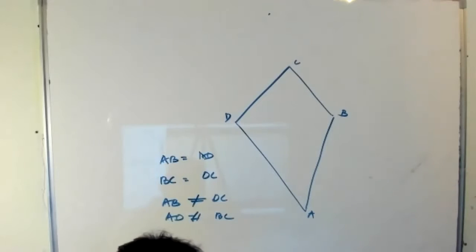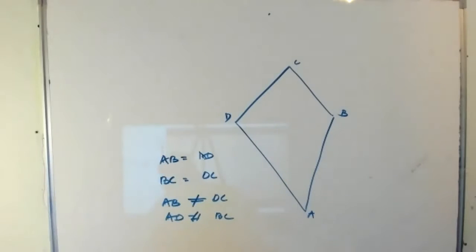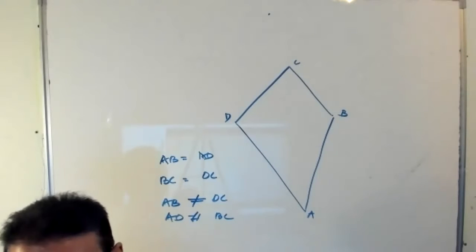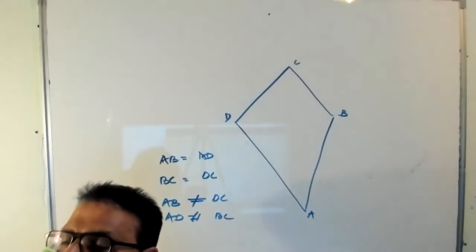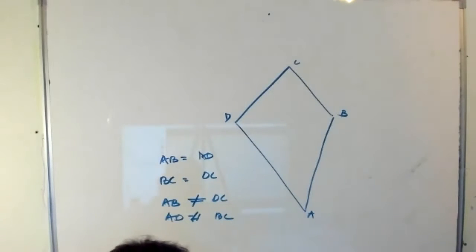Okay, finished all? Read up to there, then write a conclusion. Not finished? I'll wait. So we're going very slowly today because these are the basic ideas. Try to understand, don't memorize it. What is a square? What is a rectangle?